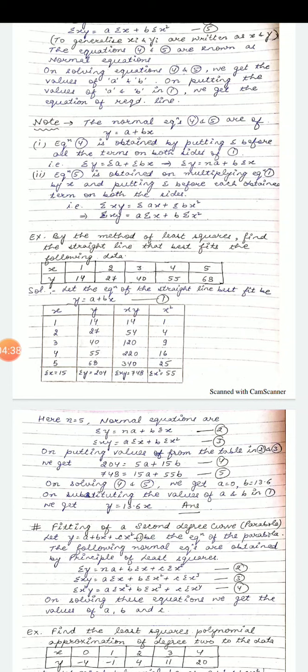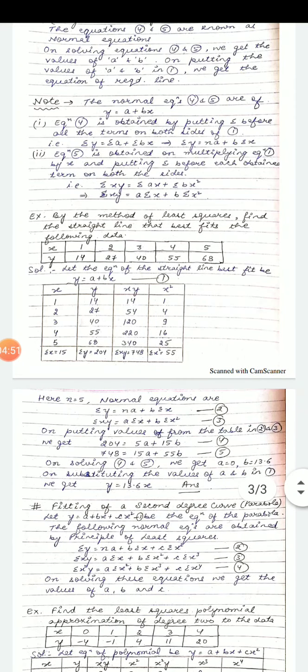Again, summation a, we take a out of the summation sign, so it is summation i equals 1 to n of 1. We replace this by n times 1, so it is n times a plus b summation x.